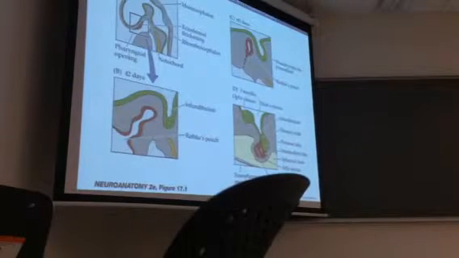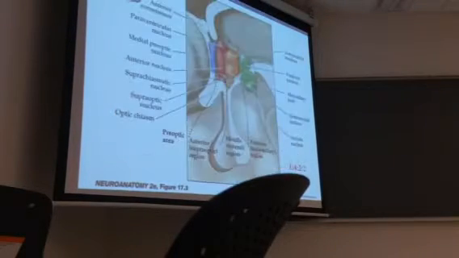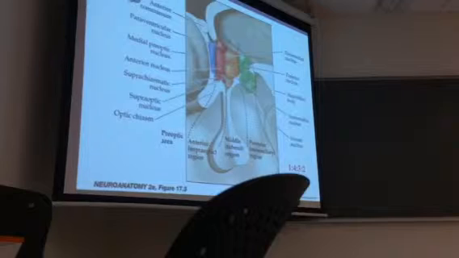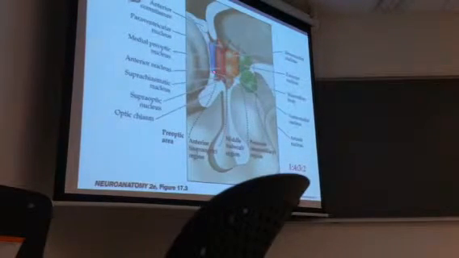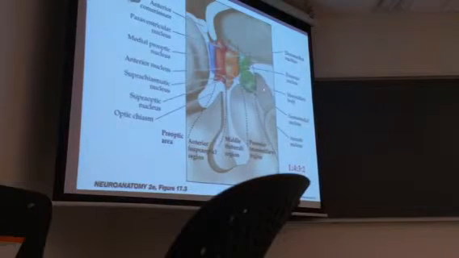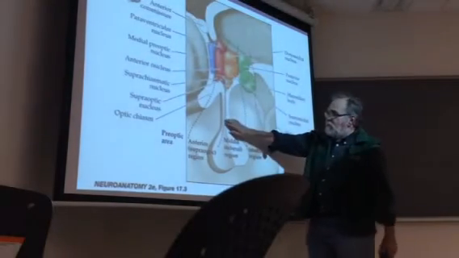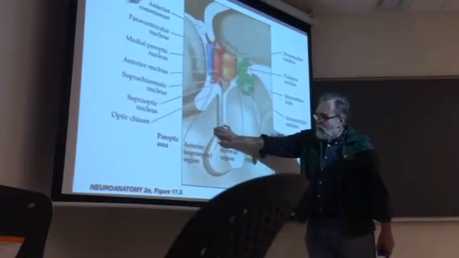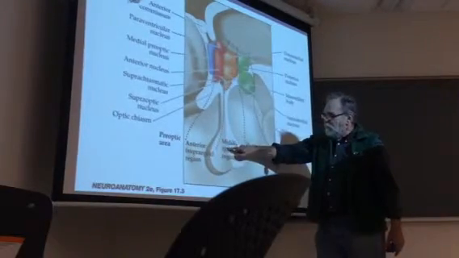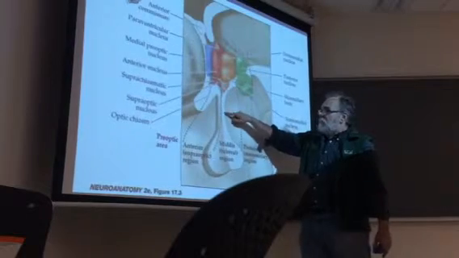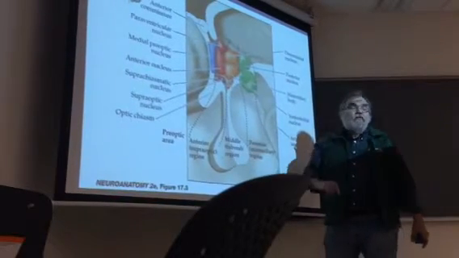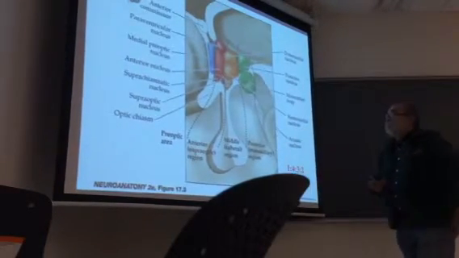Now, to understand everything involved with this, ultimately, you have to understand the nuclei of the hypothalamus. So here we have the hypothalamus. Here's the infundibulum. Down here is the pituitary. So we can see here, this mass is the adenohypophysis. This, coming down like such, is the neurohypophysis.